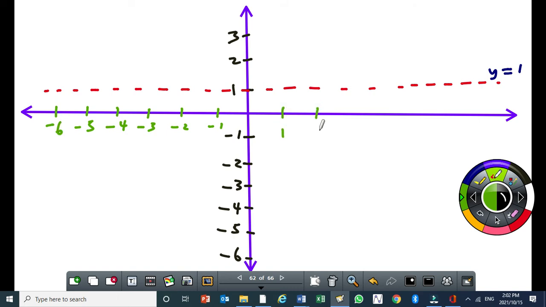Then 1, 2, 3, 4, 5. Right? So at x equal to -3, we have a vertical asymptote, so let me draw it.